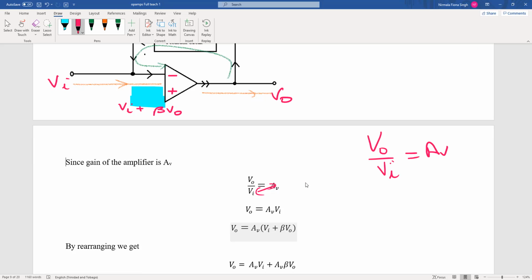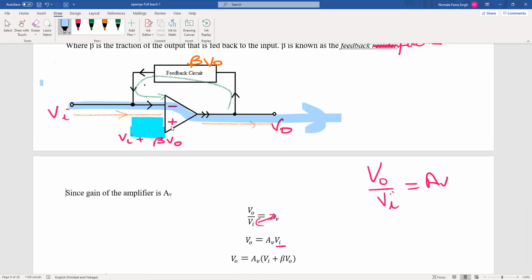But our new input is not going to be VI after one pass. If we had one pass, which is the very first microsecond, the VI will go straight to the VO. That's the very first microsecond. But after that, consistently, you're going to get some of it coming out and then coming back in.